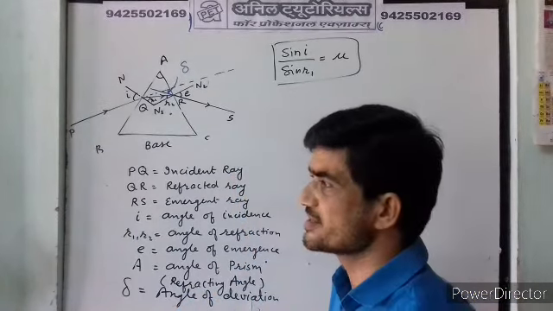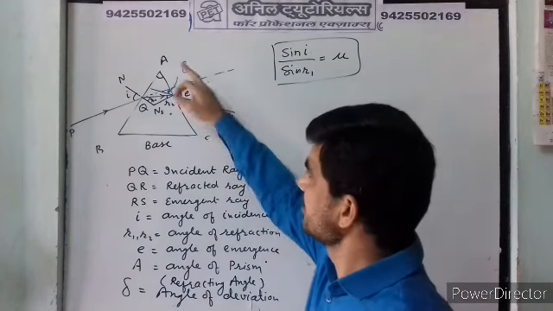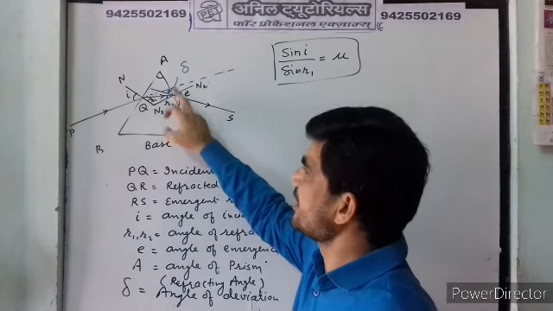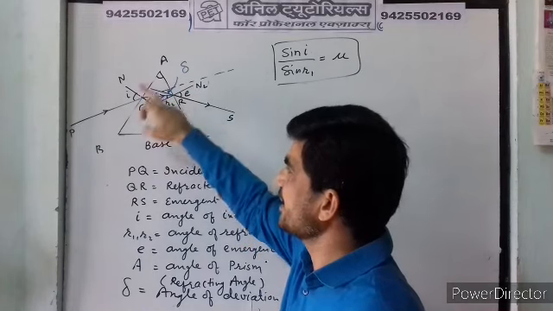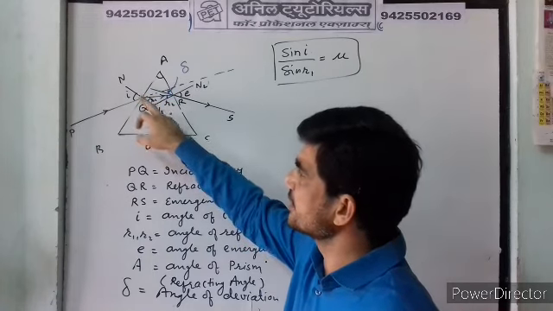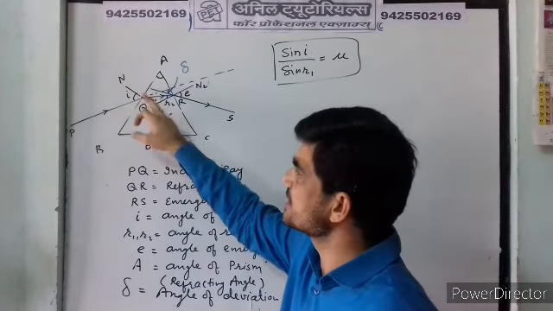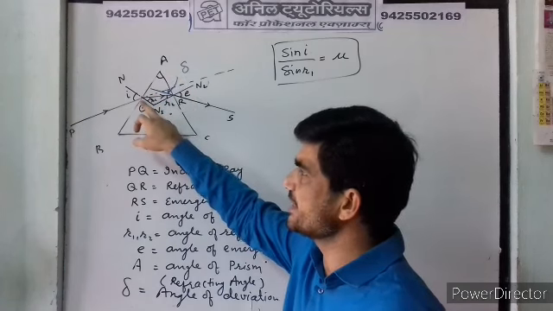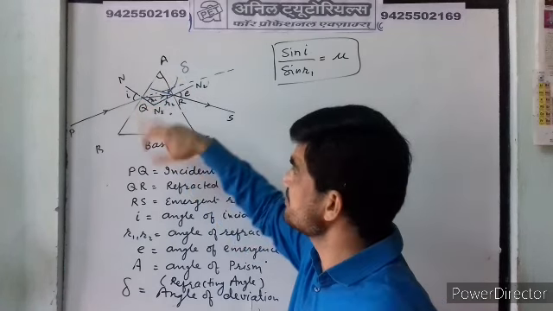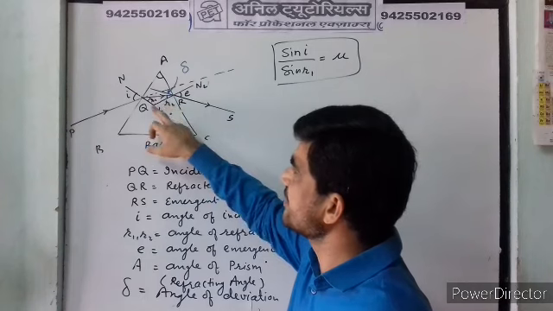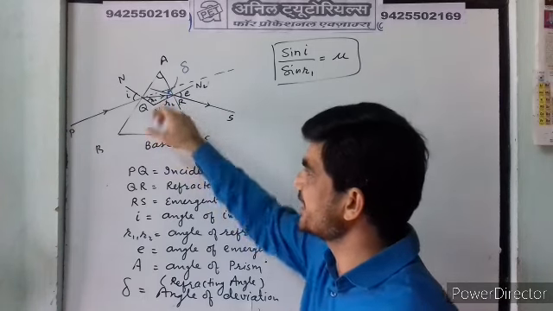Now just see one quadrilateral, AQN1R. Here QN1 is a normal, so angle AQN1 is 90 degrees. Similarly, ARN1 is also 90 degrees.